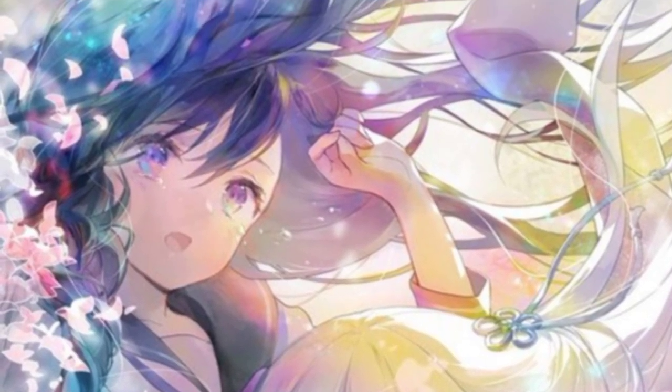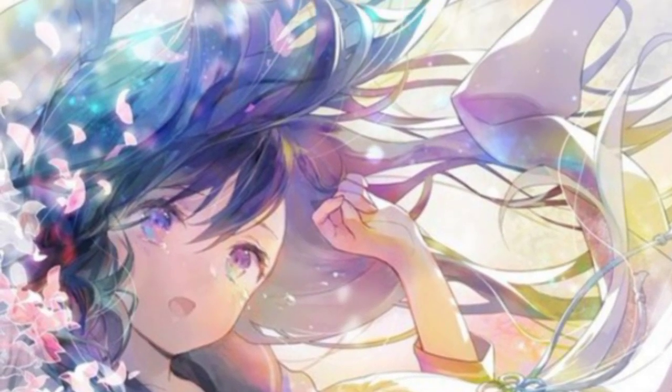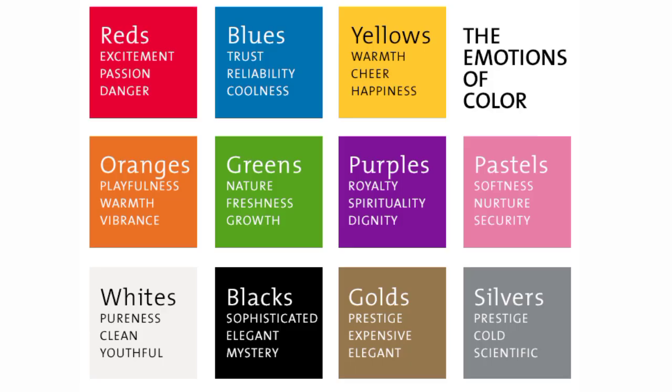So here you can see color really expresses emotions. By using colors you can express types of emotions. Like if it's pink, you'll get very romantic, softness, nature, secure, stuff like that, pretty look, in love.